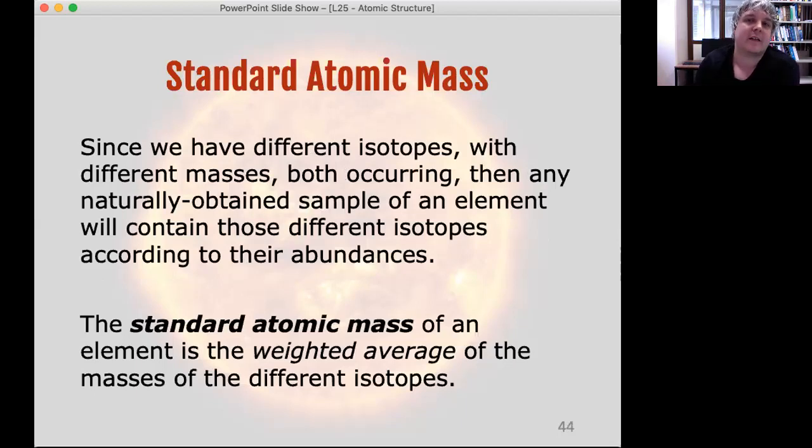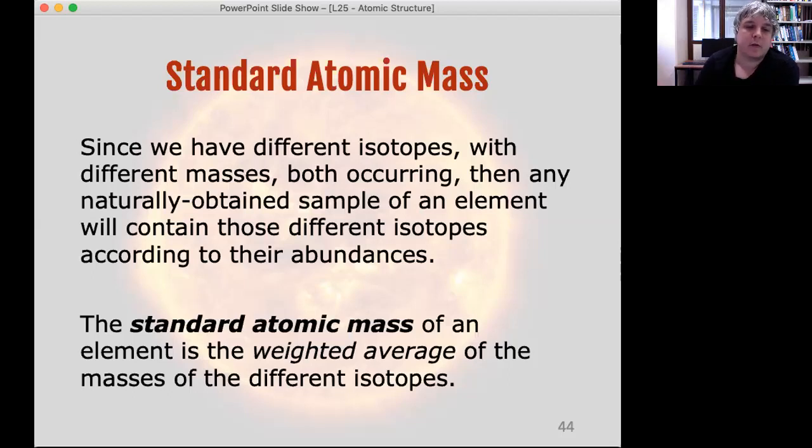If you create the element in a lab somehow, if you were to create some copper, then you could force it to create either just copper-63 or copper-65 or even one of the other coppers that aren't naturally occurring. You could force it to do that, but if you just go and get some naturally occurring copper, then you know that the copper atoms are going to be in that ratio of their abundances. And so the standard atomic mass is the weighted average of the masses of those different isotopes.